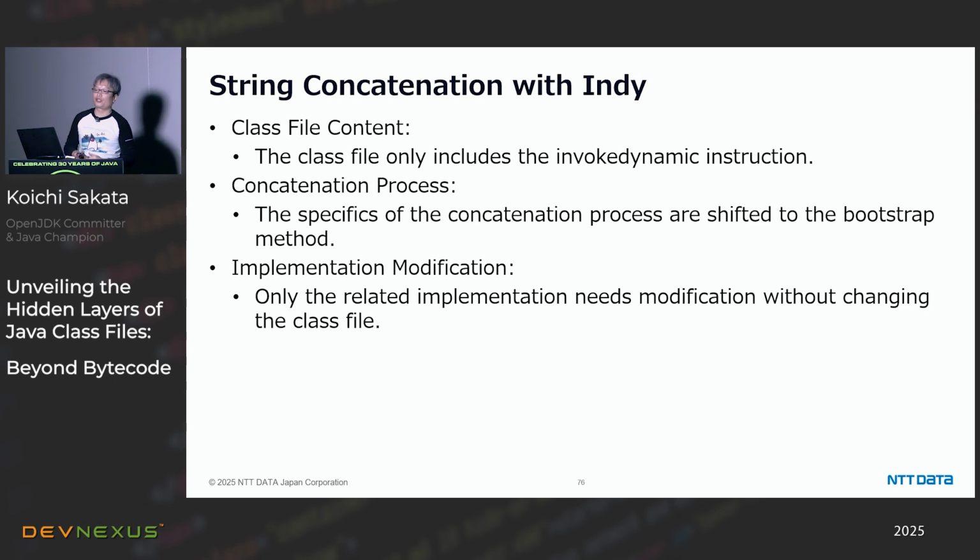For string concatenation with INDI, the class file only includes the invoke dynamic instruction, and the specifics of the concatenation process are shifted to the bootstrap method. This way, only the related implementation needs modification without changing the class file.